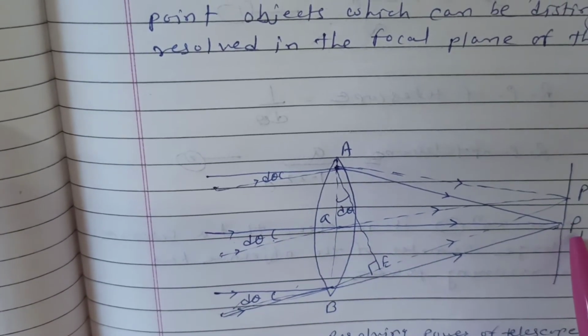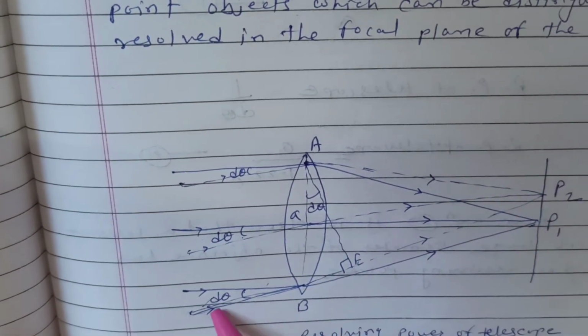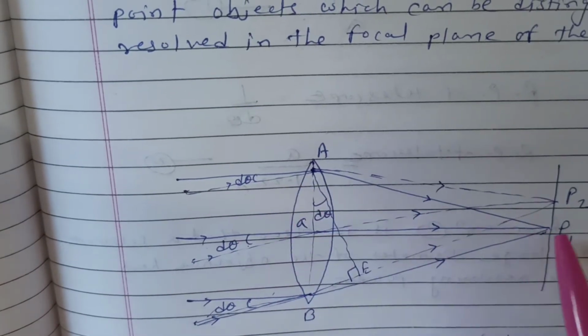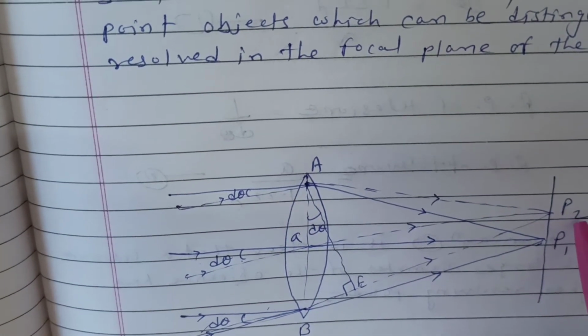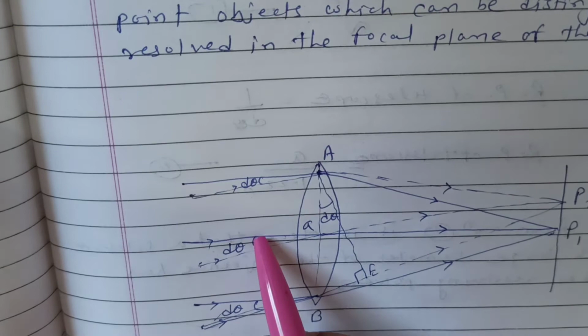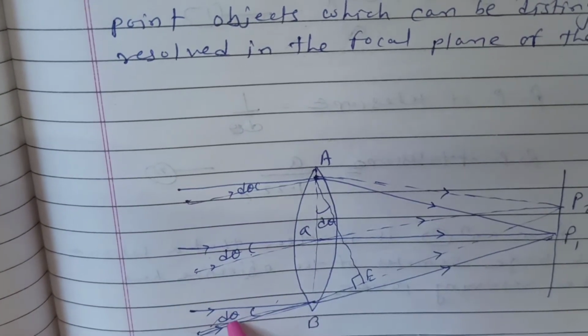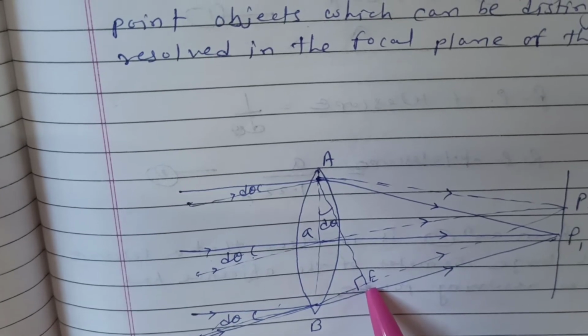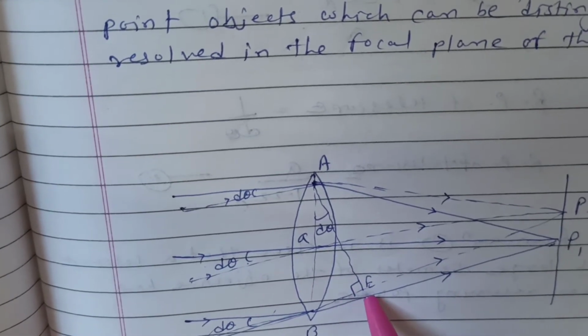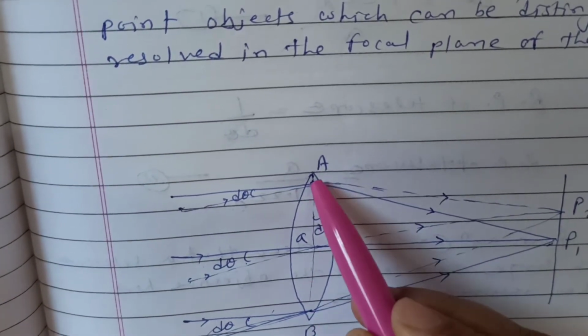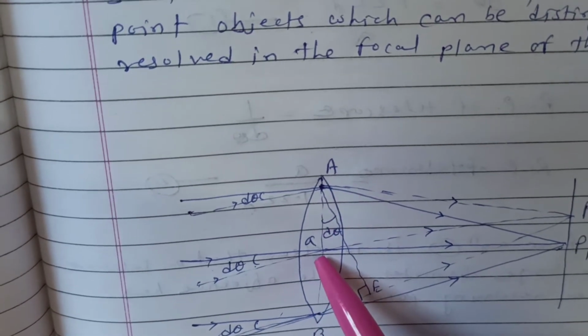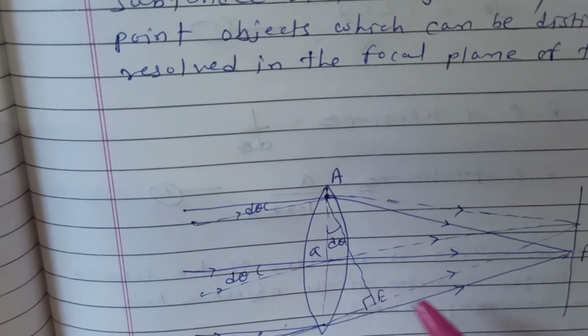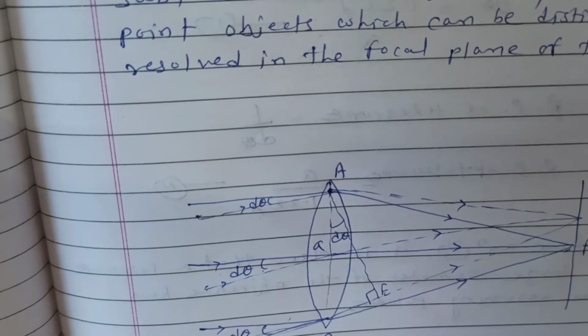Due to the first point we get the image at P1, and due to the second point we get the image at P2. So the angle subtended between these two objects is d theta. BE is the path difference of the two waves. The diameter or length of AB is small a. So this is the explanation of this diagram.